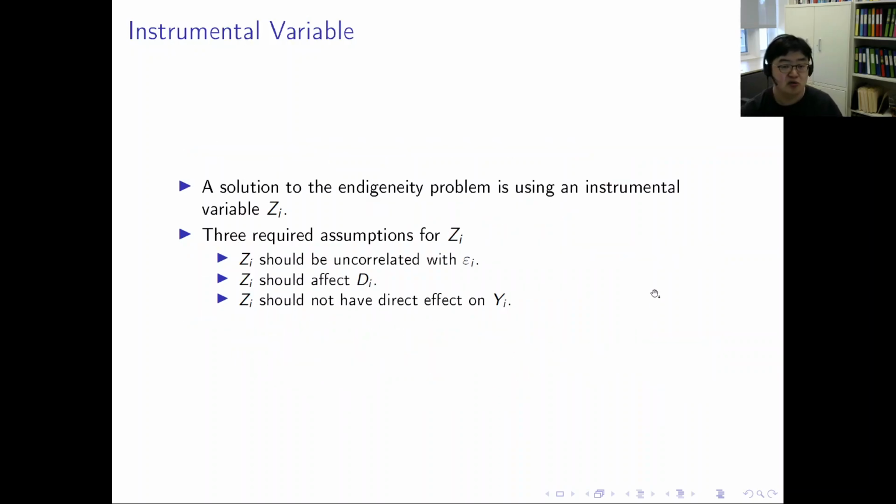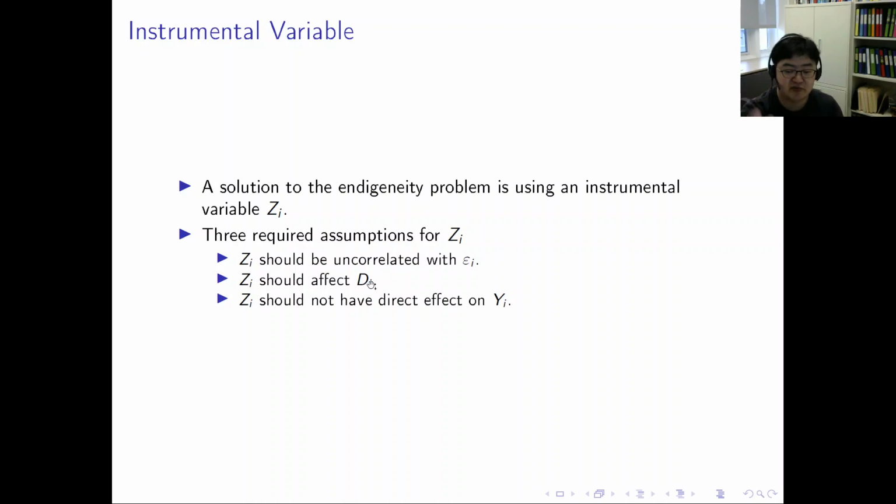Then, our solution is to use the instrumental variable, which is usually denoted as z. The instrumental variable z should satisfy these three assumptions. First, most importantly, z should be uncorrelated with epsilon. The main problem was coming from the correlation with epsilon, so z should be randomized. And then it should affect the treatment.